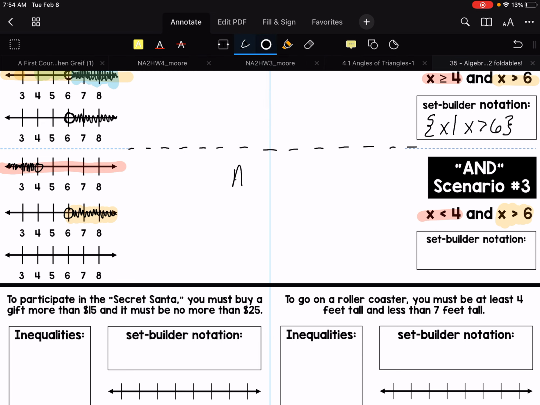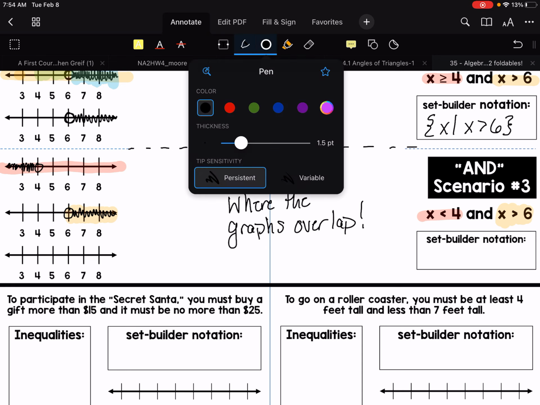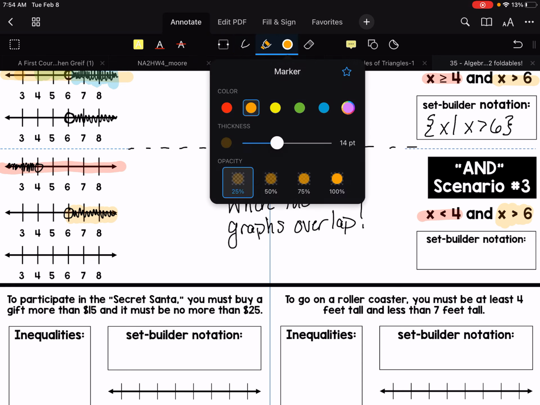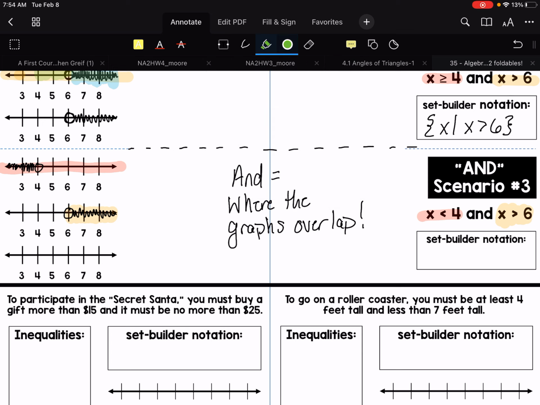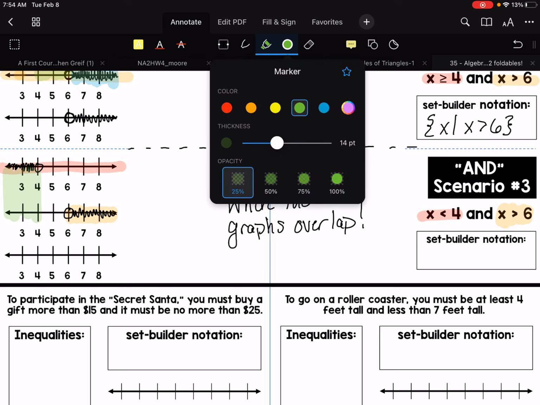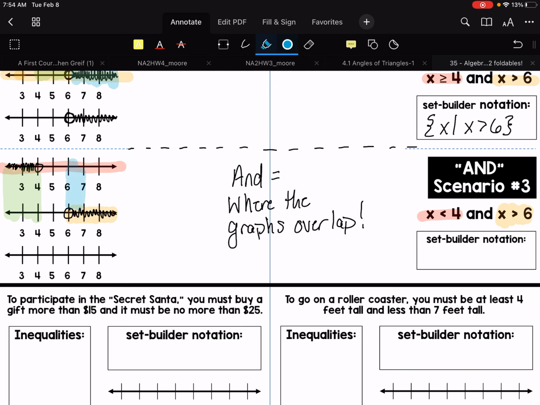So here, if I try to find where my graphs overlap with each other, here's where my first graph is, and they are not overlapping at all, and here's where the second graph is, and those don't overlap at all.